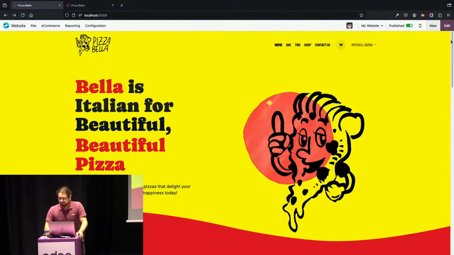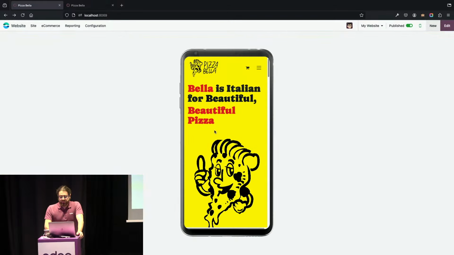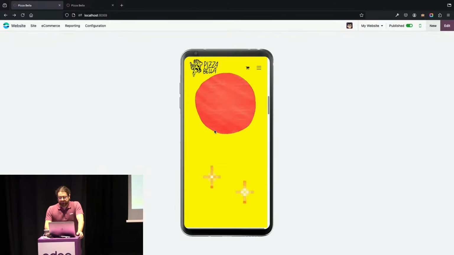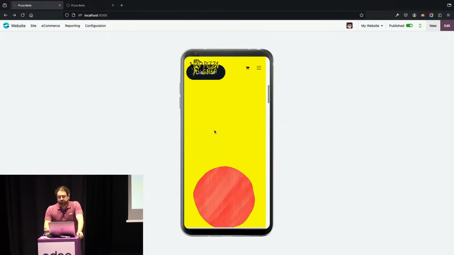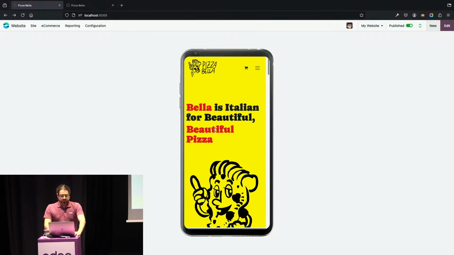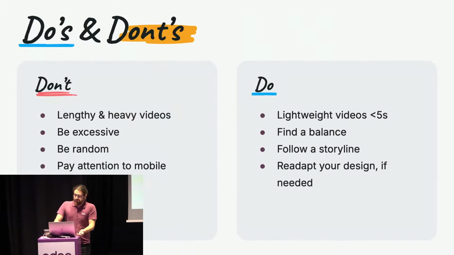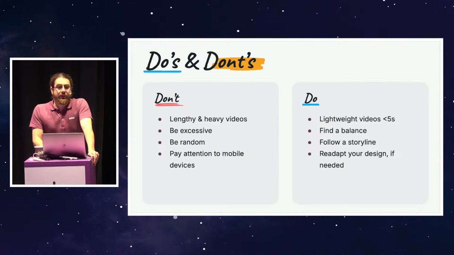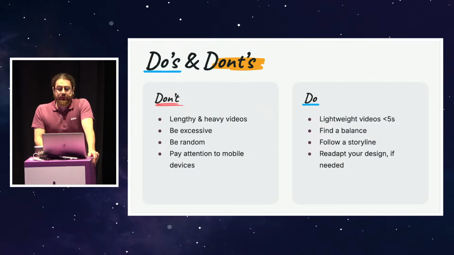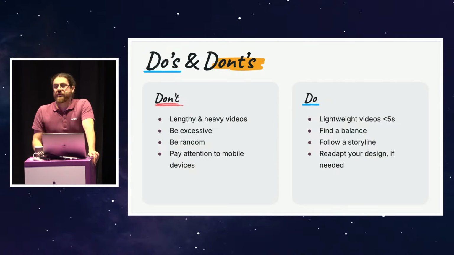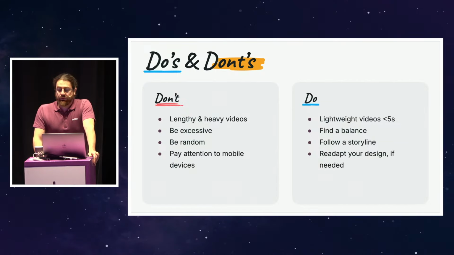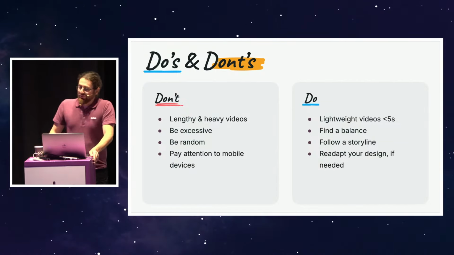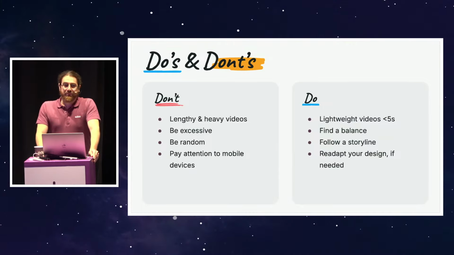The same goes for this element here. We have used nice overlapped elements, but this is going to cause conflicts in mobile. So my conclusion here is readapt your design if needed. Actually, I suggest you visit the next talk from my colleague Sam, which is going to talk about mobile design.